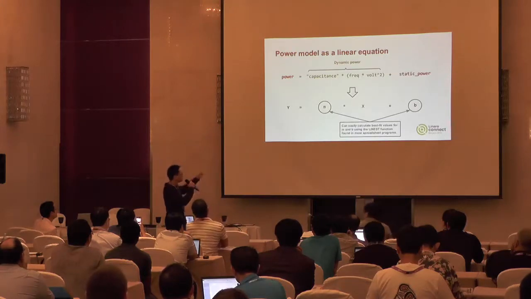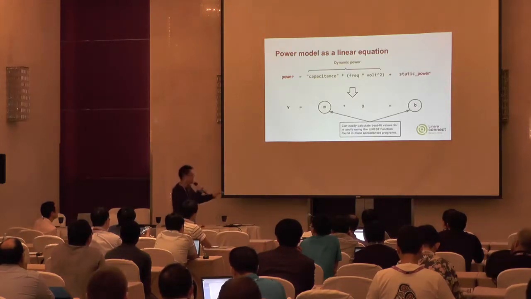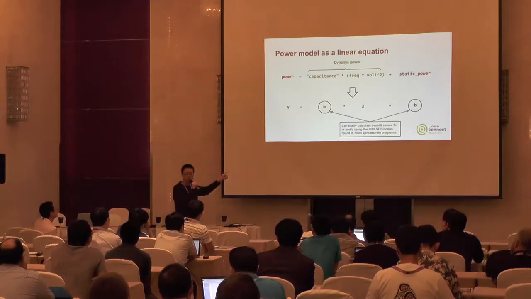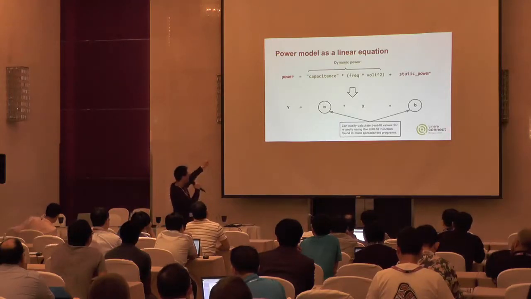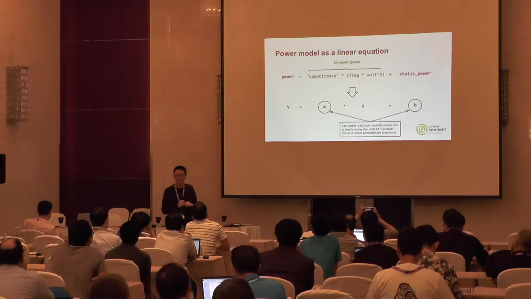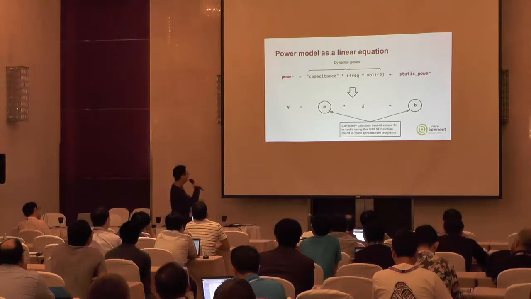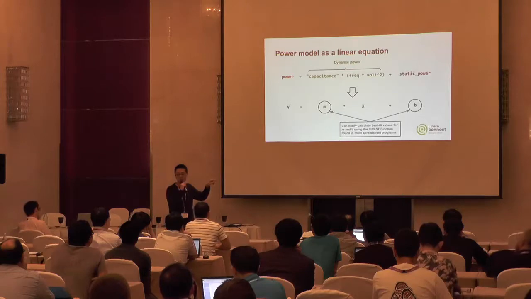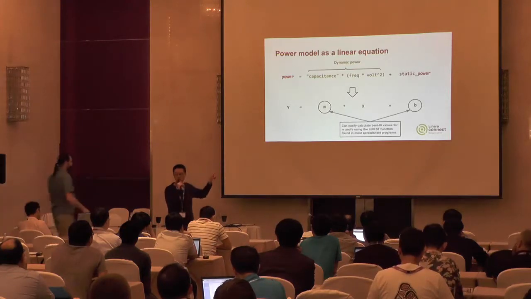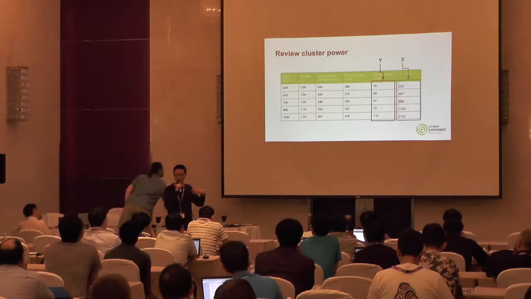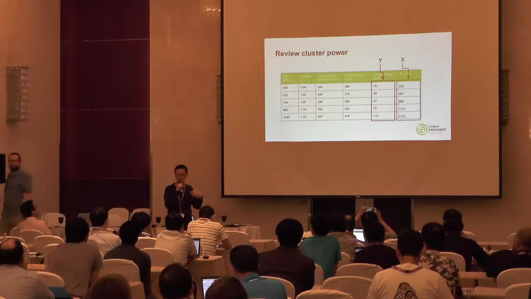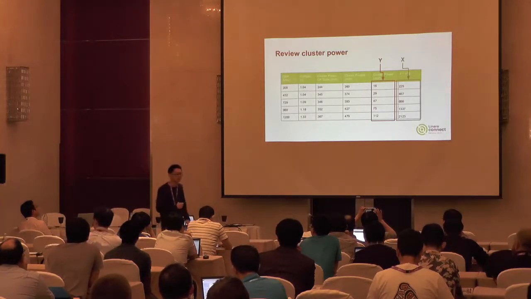Yes, because now the data we measure is y and x, and we want to know what m and b are. So m is the slope and b is the intercept? Yes. What is x? x is frequency multiplied by voltage squared. Oh, you just rewrote that into a linear form. Yes. Okay, got it. Thank you.